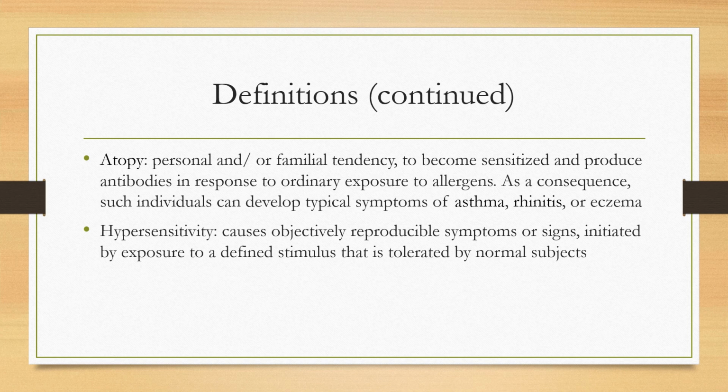So it is a personal and/or familial tendency to become sensitized and produce antibodies in response to ordinary exposure to allergens. As a consequence, such individuals can develop typical symptoms of asthma, rhinitis, or eczema.